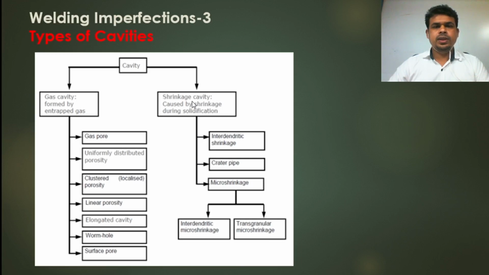In the shrinkage cavity, caused by shrinkage during solidification, you can see interdendritic shrinkage, crater pipe, micro shrinkage, then interdendritic micro shrinkage and transcrystalline micro shrinkage. We will discuss all these things with some information.